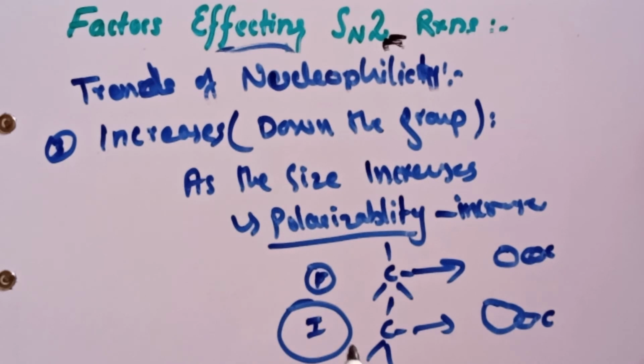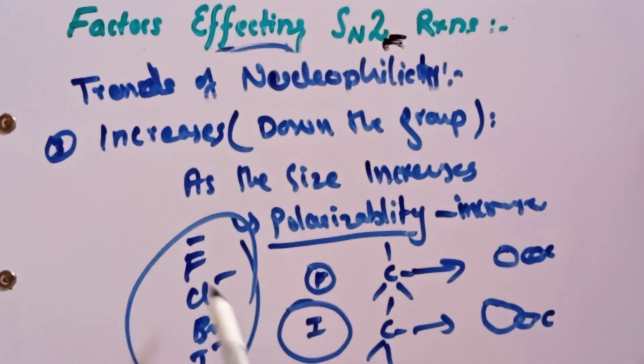So that's why they will act as a good base, a good nucleophile. For example, fluoride ion, chloride, bromide, iodide.